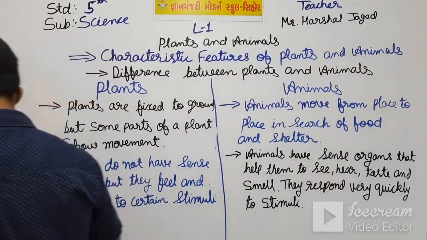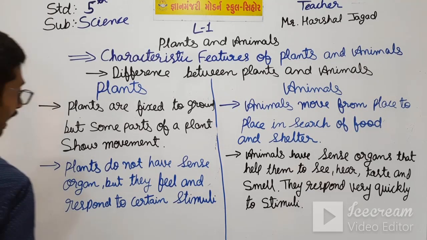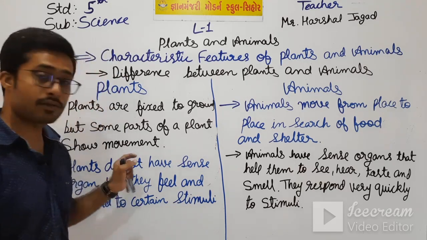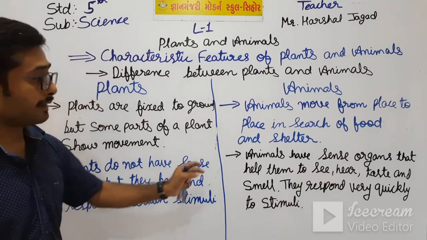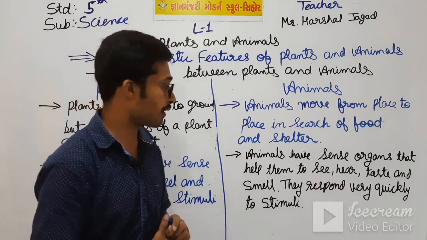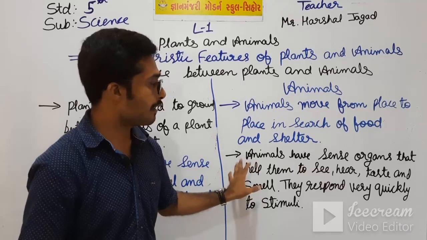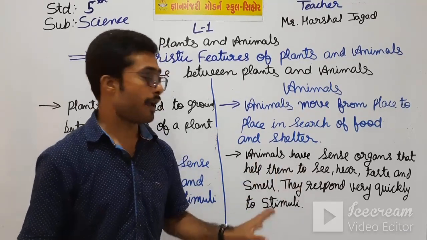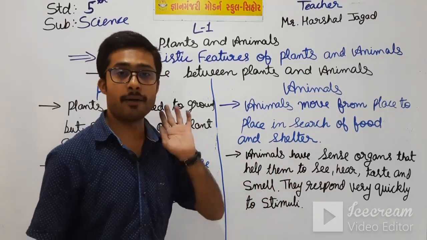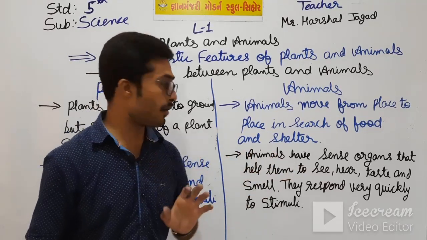So, in this point, we can see that the plants do not have any sense organs. In the animals, there are different types of sense organs. If an animal wants to see, then they have eyes. If an animal wants to hear, they have ears. If an animal wants to taste, they have a mouth.